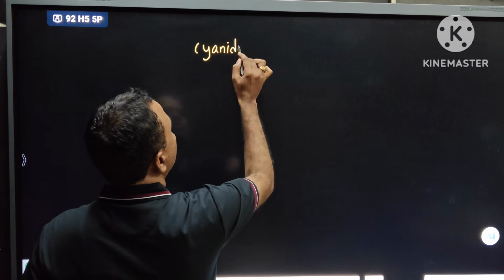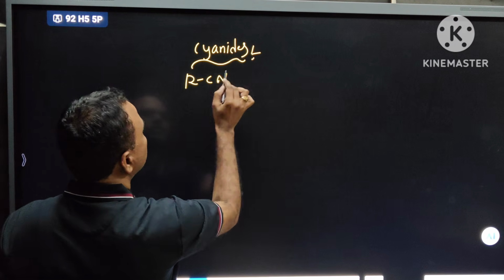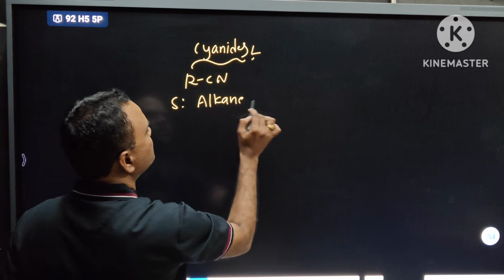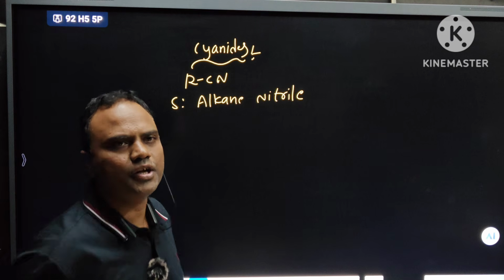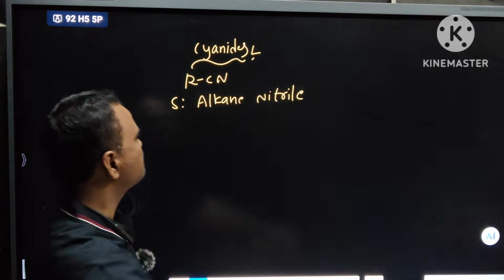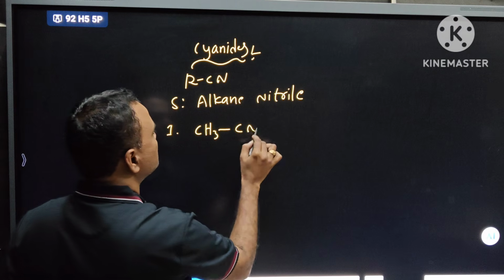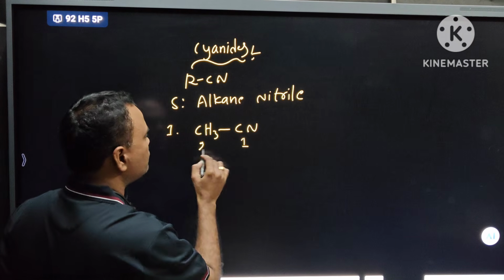Cyanides. Small functional group. This is cyanide. Formula is RCN. Suffix is alkane nitrile. Okay. See first example, CH3CN. In this, how many carbons are present? 1, 2.